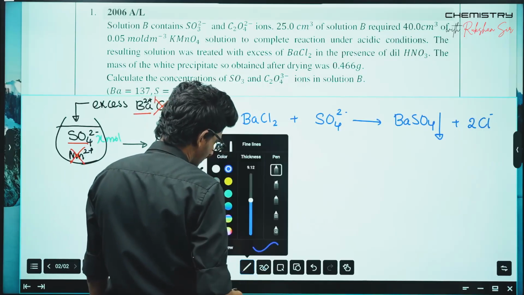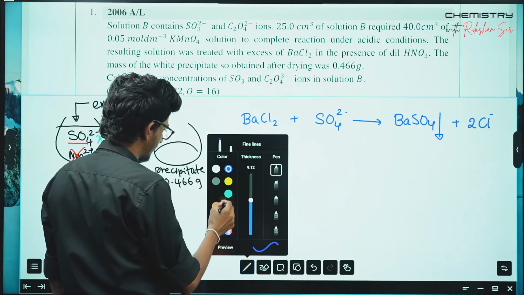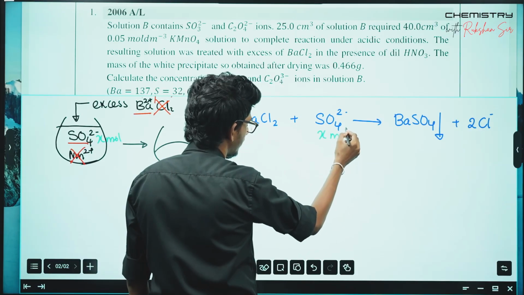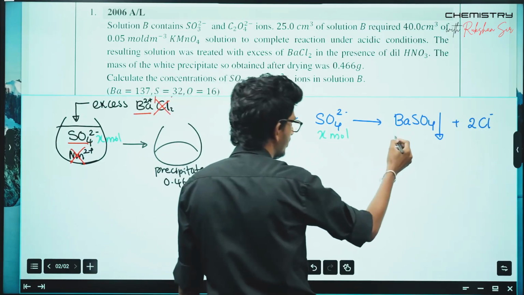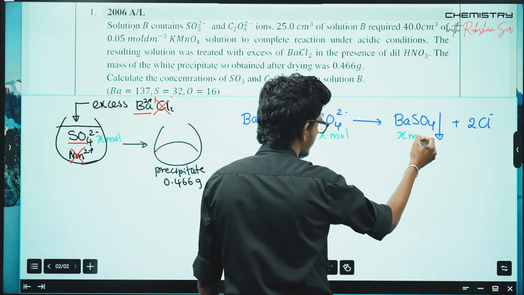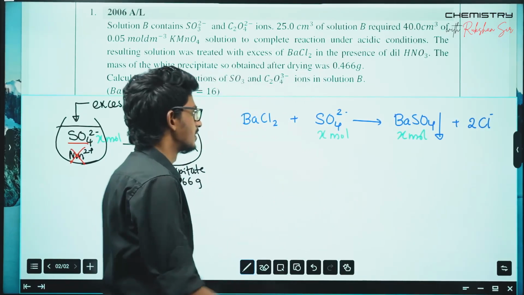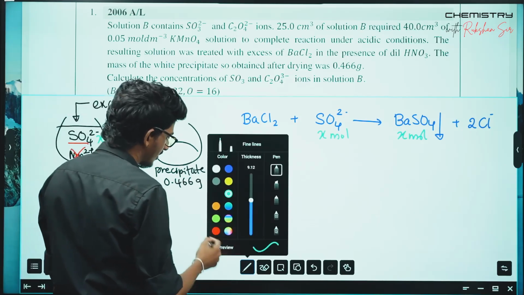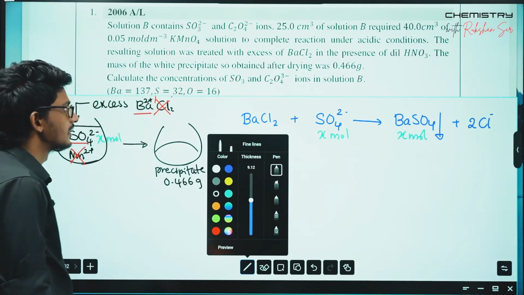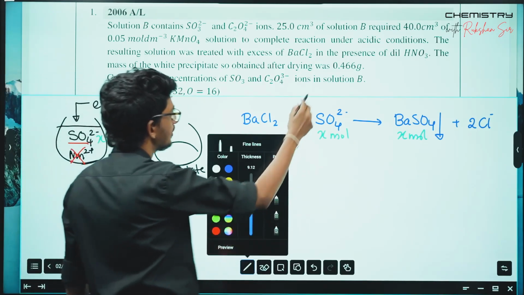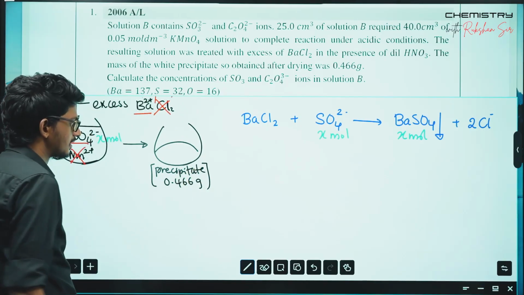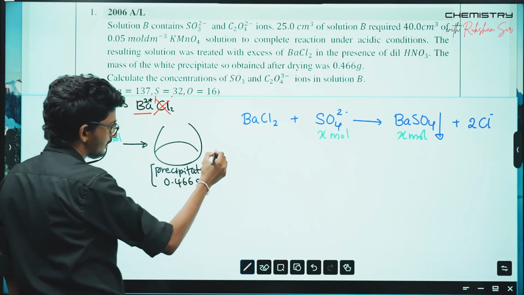So you are with some x moles here, so the number of moles of barium sulfate should also be x moles, a 1-to-1 ratio. So now we can come up with the second simultaneous equation using this data point of precipitate mass. So let's write for that.